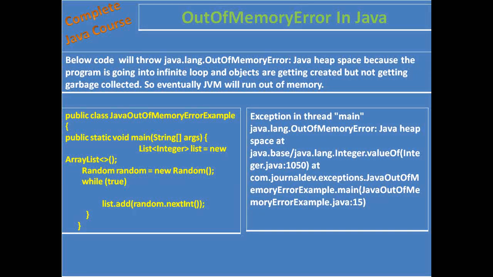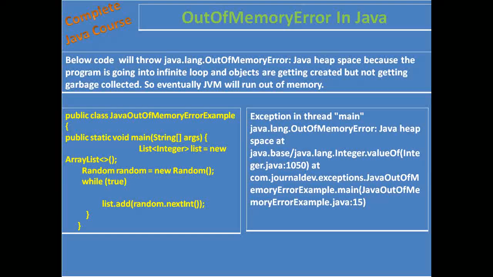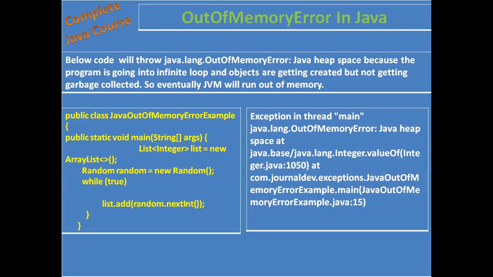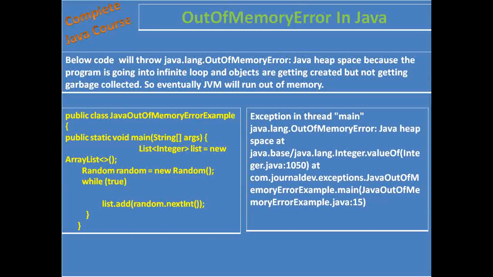In Java 8, there is a concept of Metaspace, which is a part of the main memory. So because of that, the out of memory error does not come in Java 8. We'll discuss this in the Java 8 features. Till now, just understand that this exception occurs before Java 1.8. After 1.8, this error does not occur in the Java program.